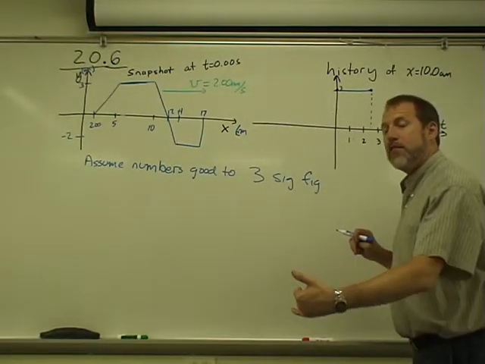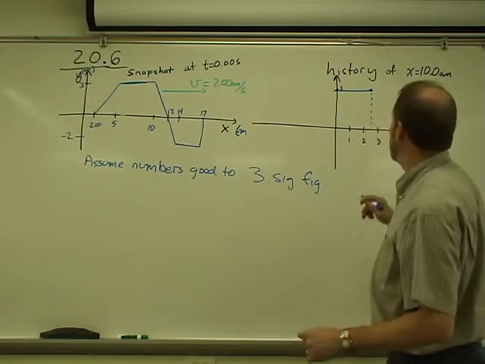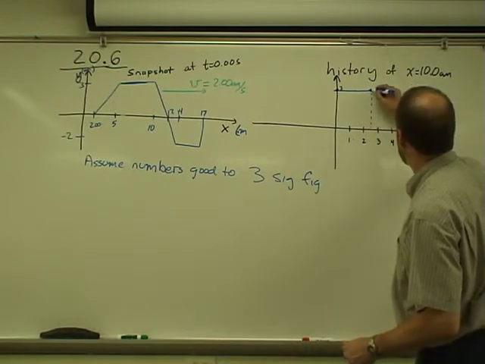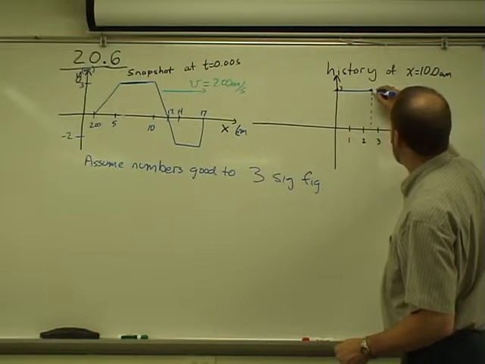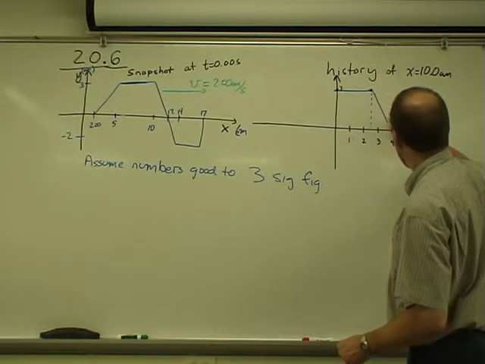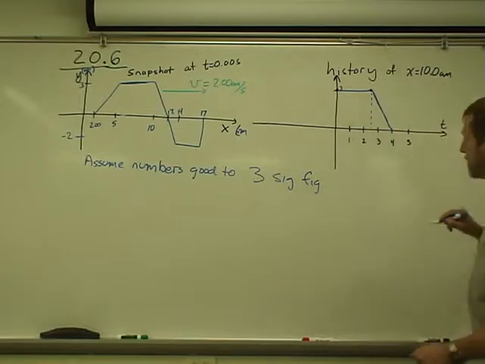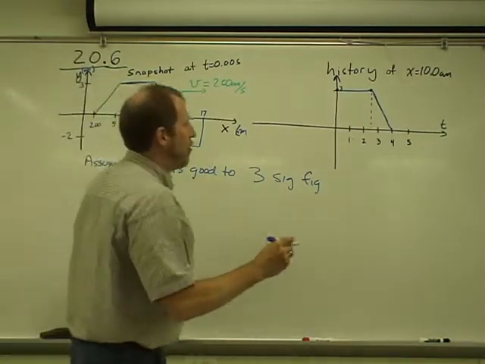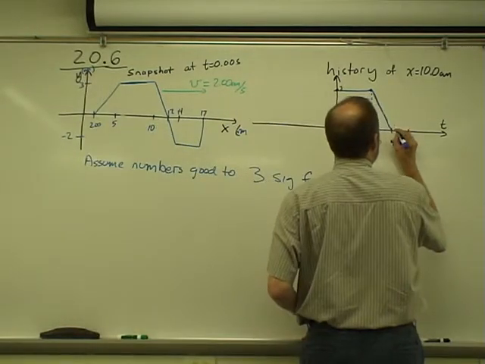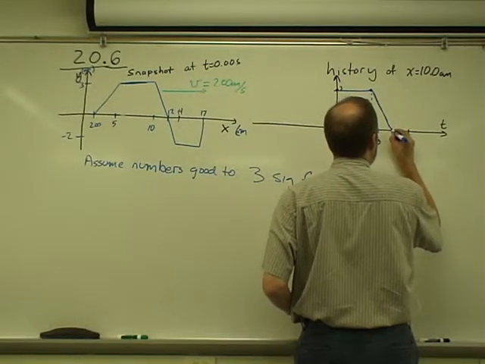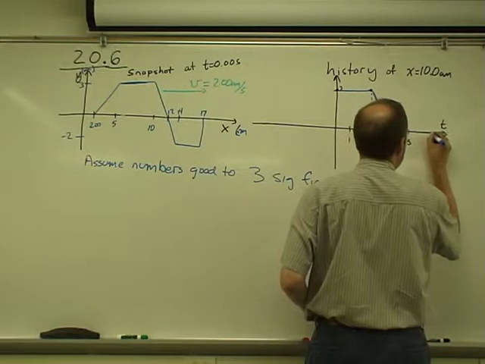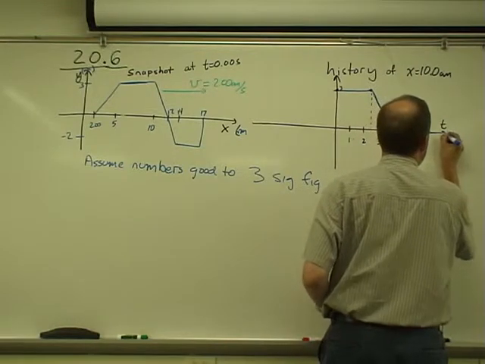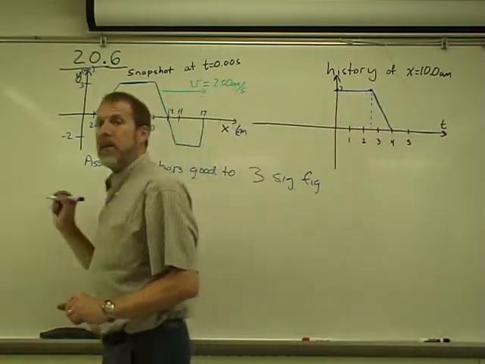So 3 centimeters at 2 centimeters a second means another 1.5 seconds. And after that point, the wave has gone through. It's at that value forever.